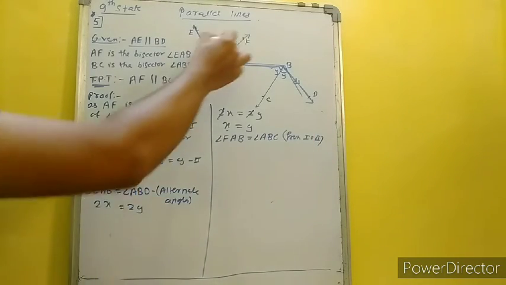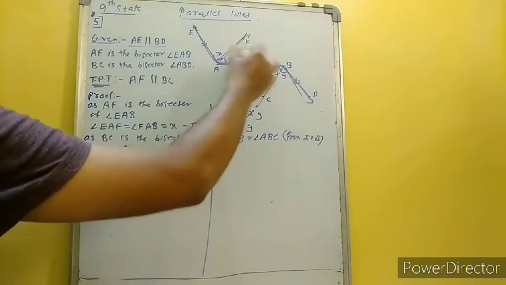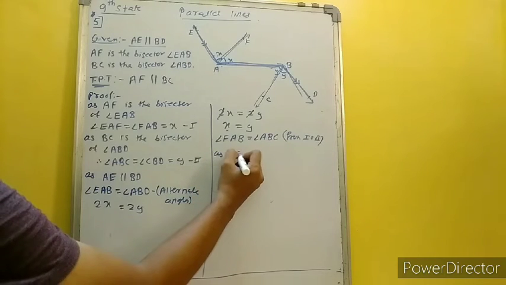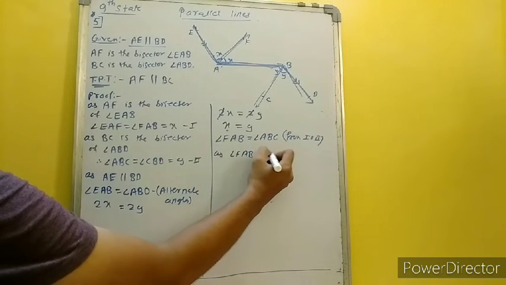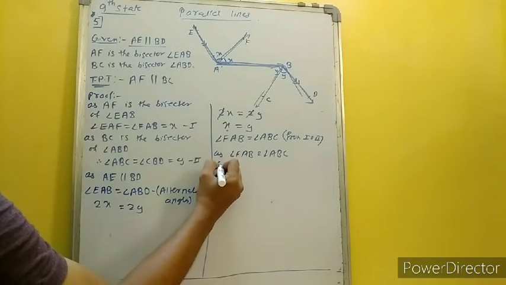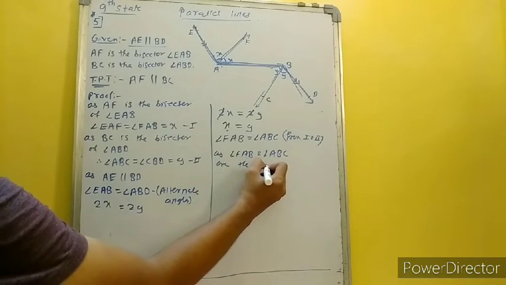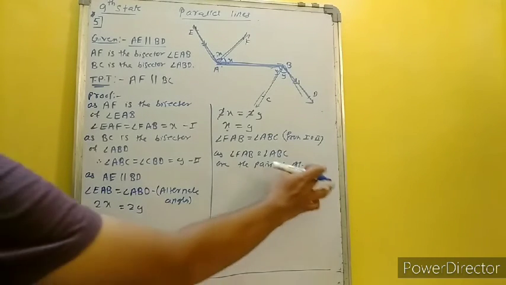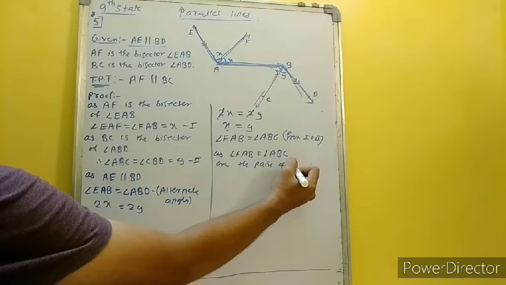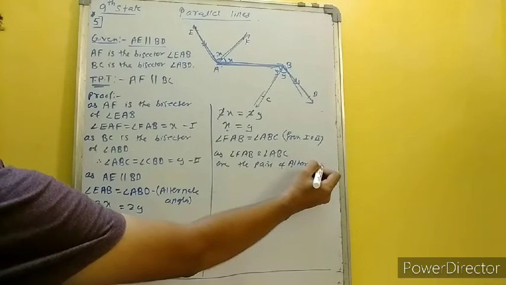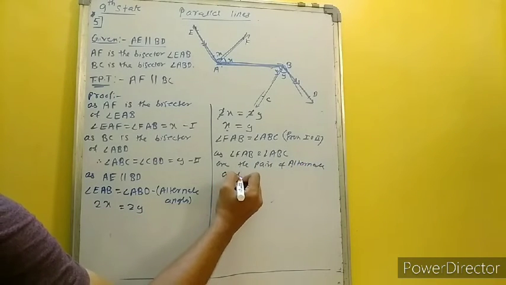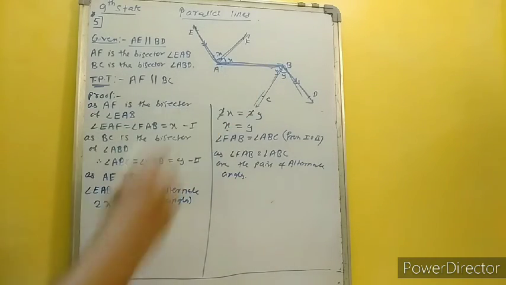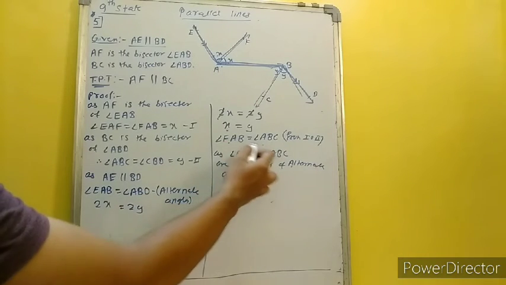Okay, now see, FAB and ABC are the pair of alternate angles. Write it completely: as FAB and ABC are the pairs of alternate angles, and alternate angles over here are equal.